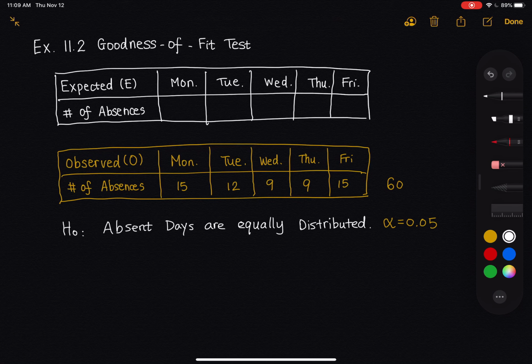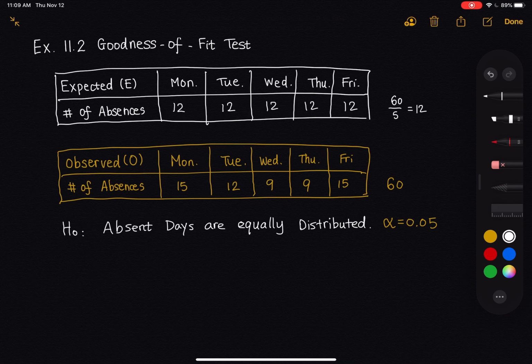Out of the 60, if you equally distribute over the 5 days, 60 divided by 5 equals 12. So if it's equally distributed, every day should have 12 absences. But right now, our observed data is seemingly not equally distributed. But how statistically significant is this?